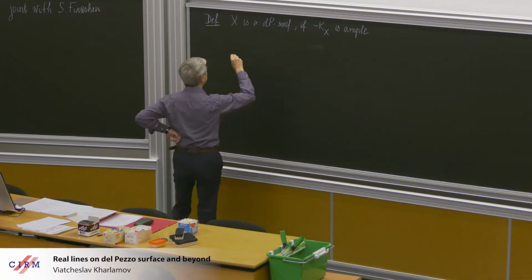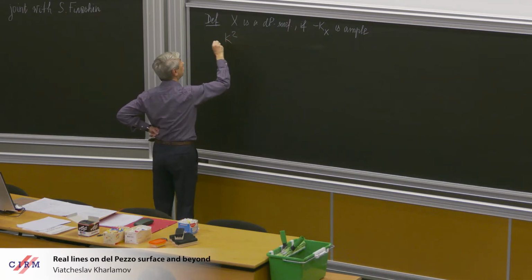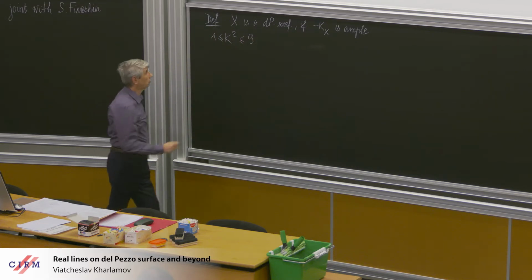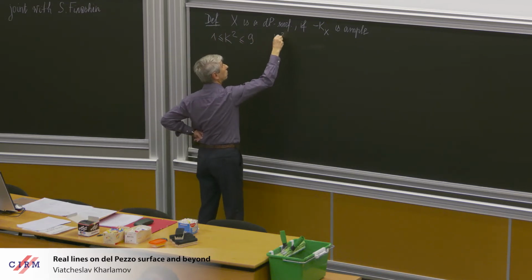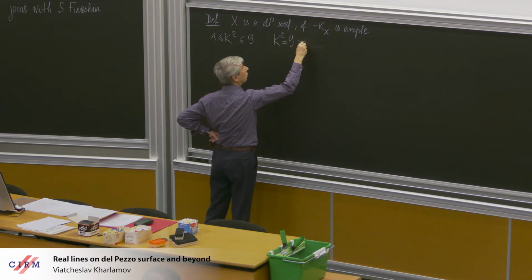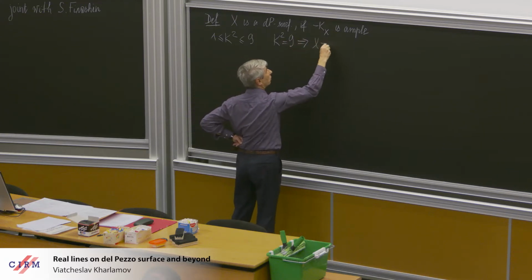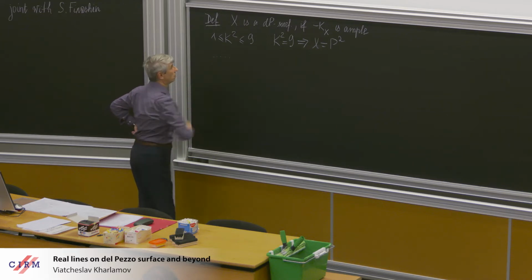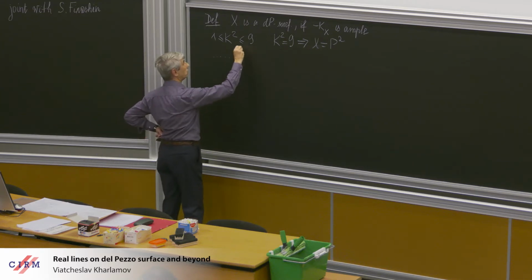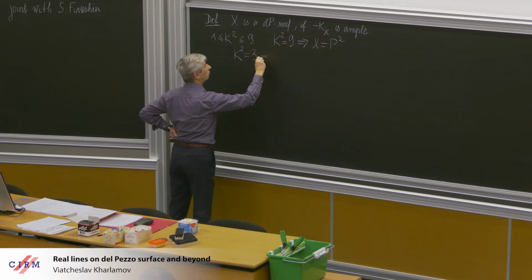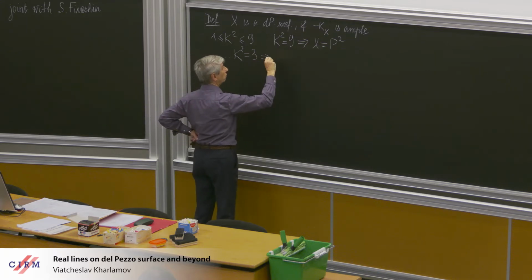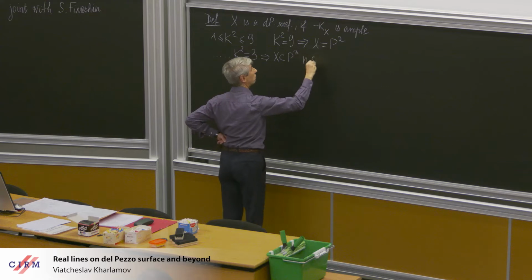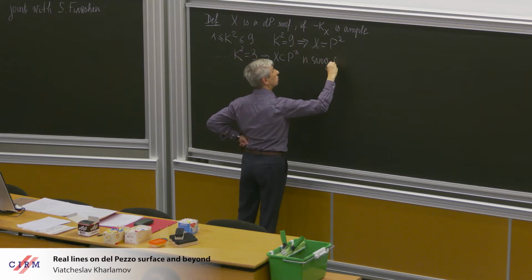In this case, the K-square varies between 1 and 9. If K-square is equal to 9, it is just the projective plane. Then when K-square is equal to 3, this is a non-singular cubic surface.